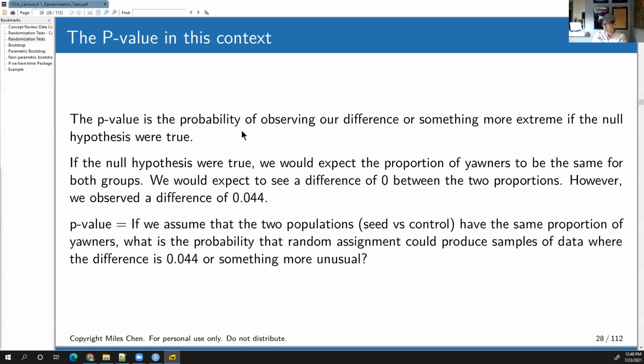And so the question is, if we assume that the two populations have the same proportion, what's the probability that just random assignment, okay, this randomizing process could end up producing two samples where the difference is 4.4 percentage points or something more unusual? All right, is this okay? The idea of trying to calculate the p-value.